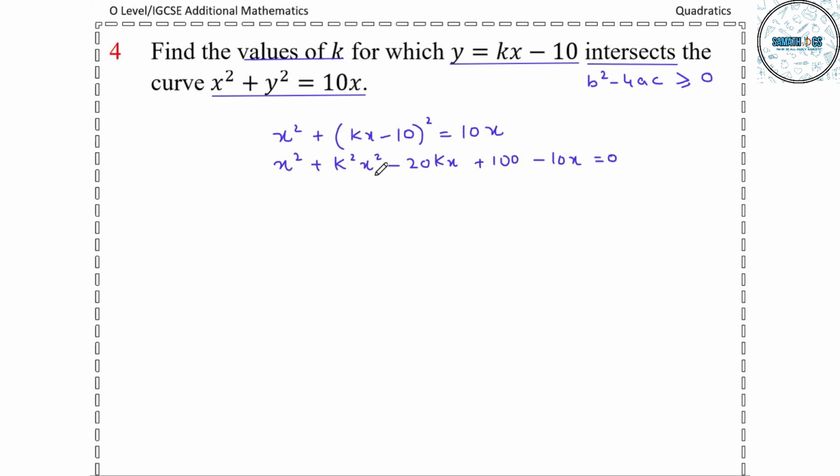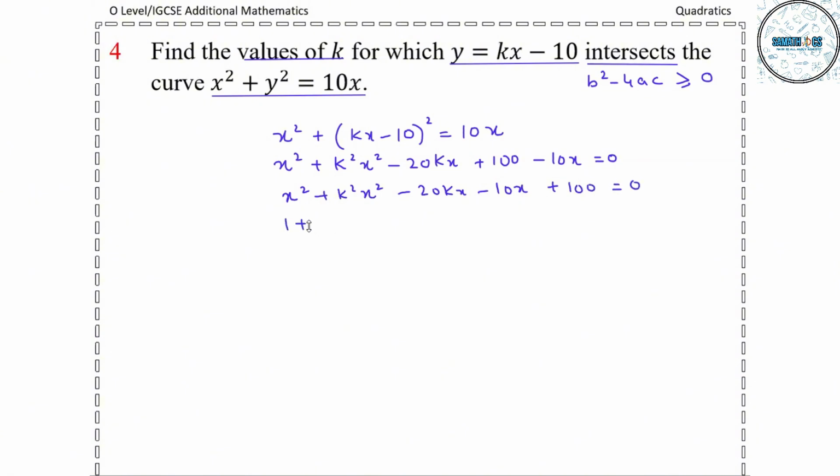We have applied here the identity (a minus b) whole square is equal to a square minus 2ab plus b square. Now we will rearrange: x square plus k square x square minus 20kx minus 10x plus 100 is equal to 0.